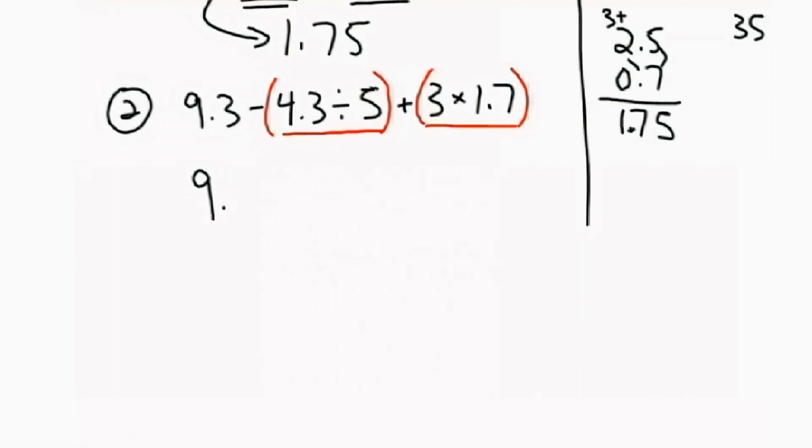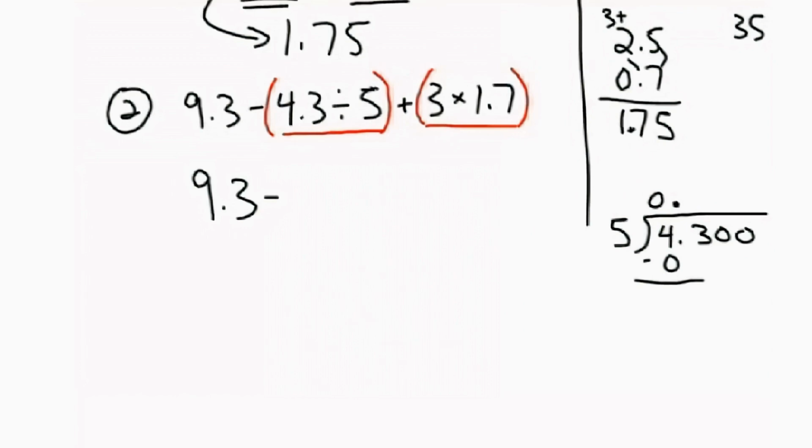I've got 9.3 minus. Now 4.3 divided by 5. 5 into 4.3. My decimal moves up. 5 goes into 4 0 times. 0 times 5 is 0, and now I subtract, and I'm left with 4.